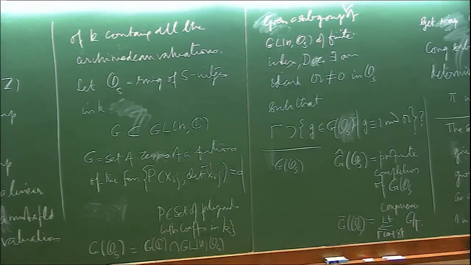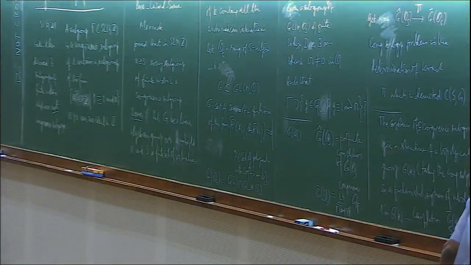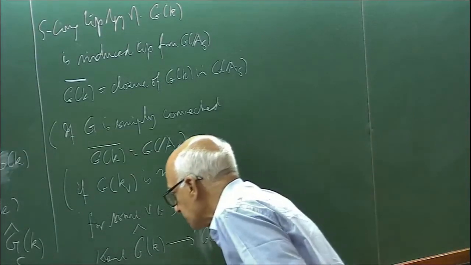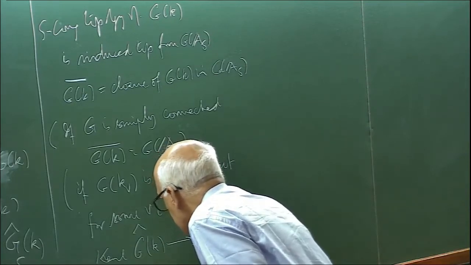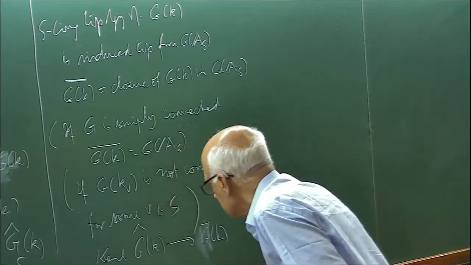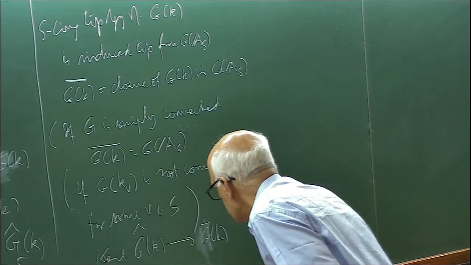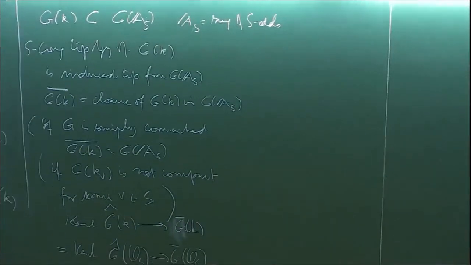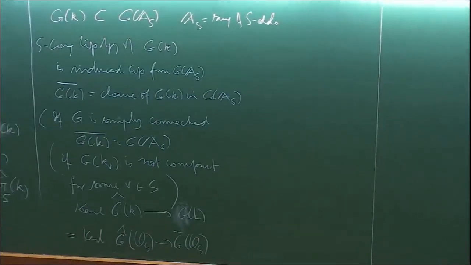So it turns out that the kernel of GK hat to GK bar is the same as the kernel of G hat OS to G bar OS, which is why this notation CSG is justified.